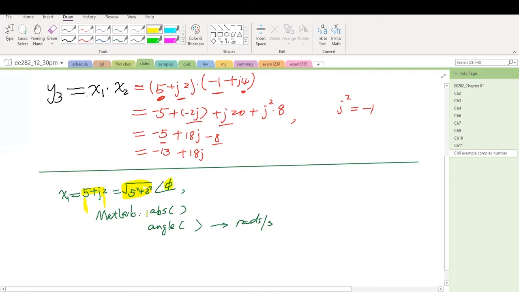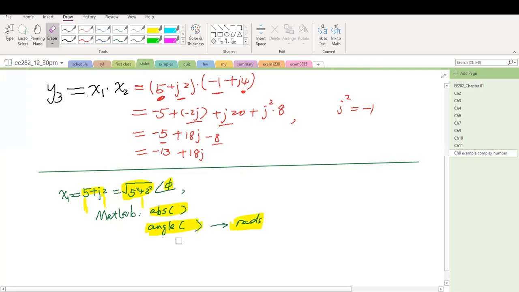And next, that's the angle. The angle we will obtain using the MATLAB command angle. And MATLAB abs calculates the absolute value of the complex number and will give us this number. We can calculate by calculator ourselves, take the square root, or we can use abs in MATLAB.